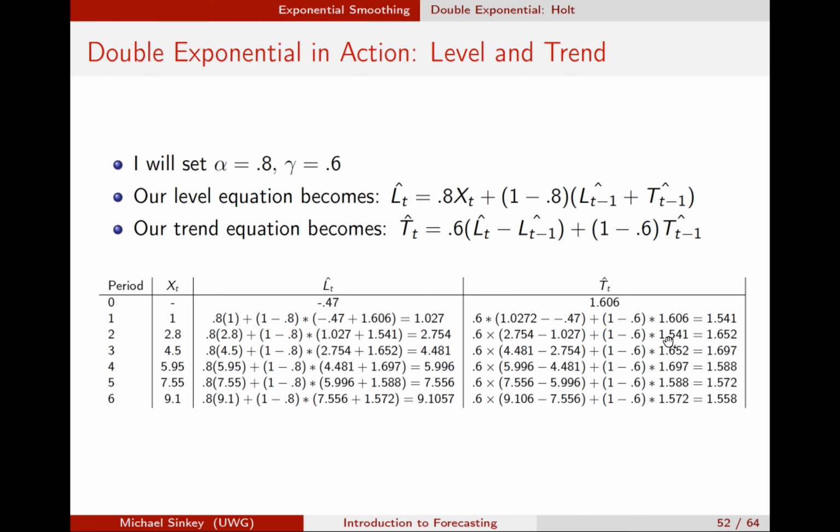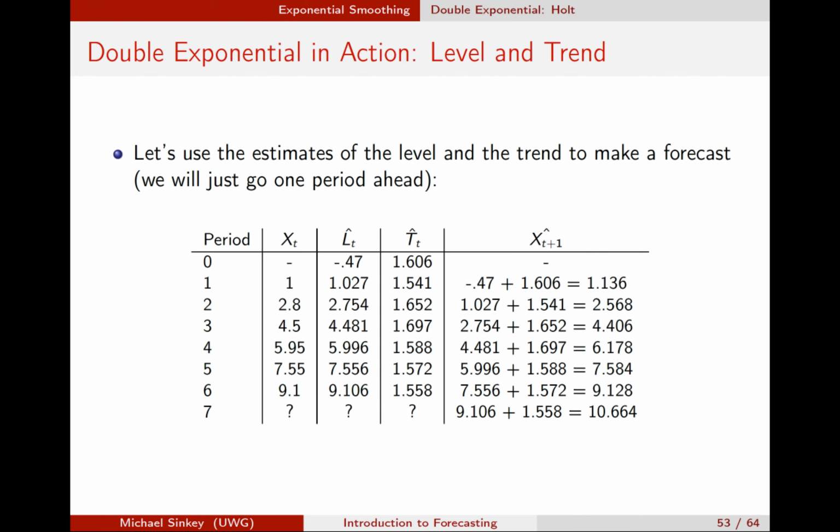Now you might think this could be done in Excel, and you're right. These are the levels and trends for the previous periods. How do we make the forecast? We make a forecast by adding the level and trend. The level for period 0 and the trend for period 0 we found from a regression. You add them, you get a forecast.